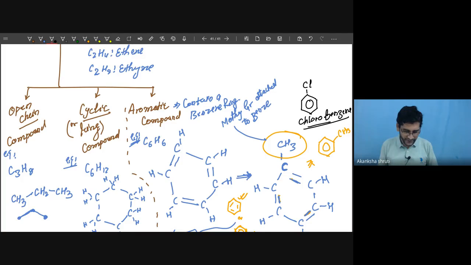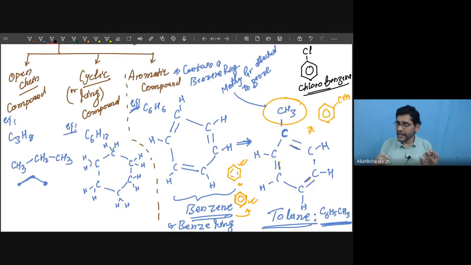Get it? Now, students, considering the aromatic compounds which have the benzene ring and double bonds, the other two categories, open chain and cyclic, are also called aliphatic. So aliphatic is relative to aromatic. These are our aliphatic compounds.